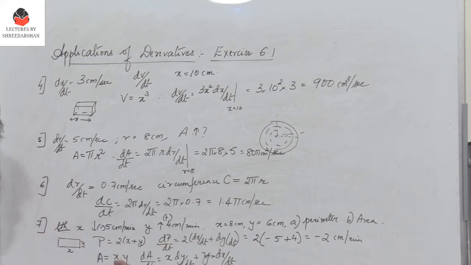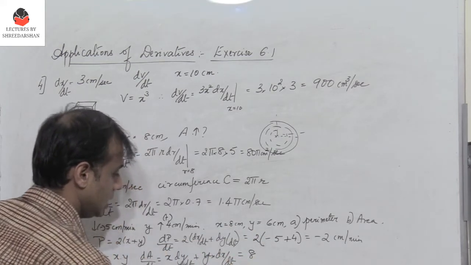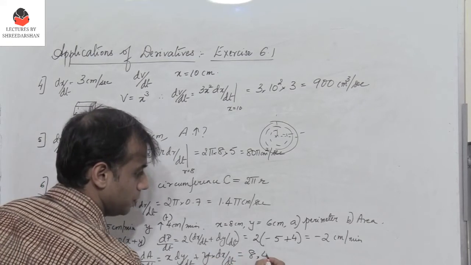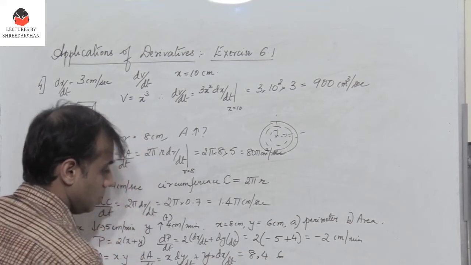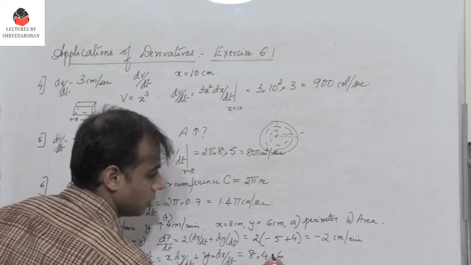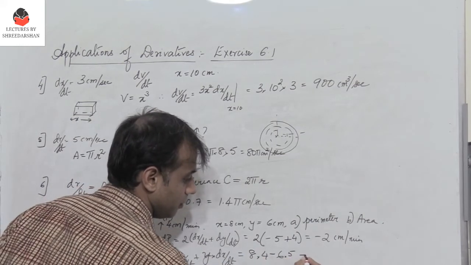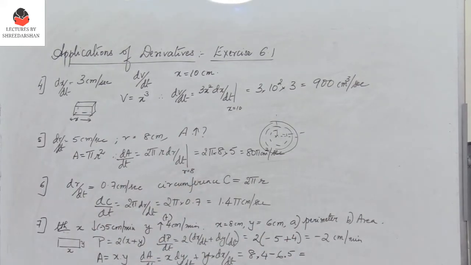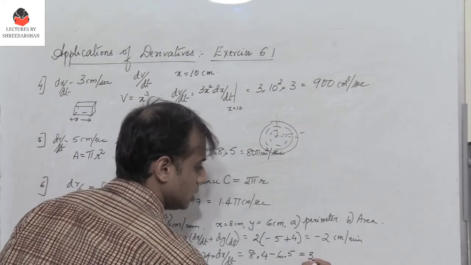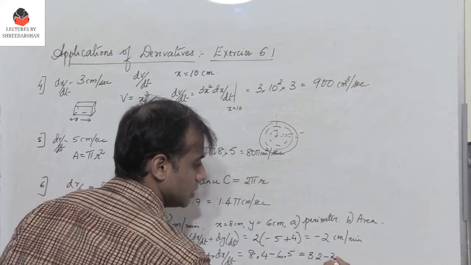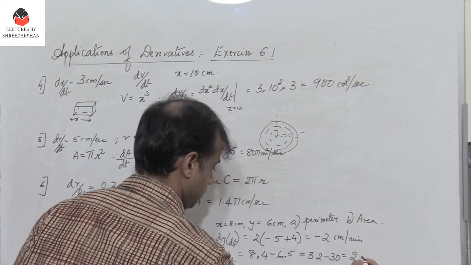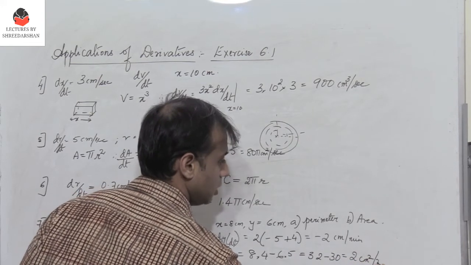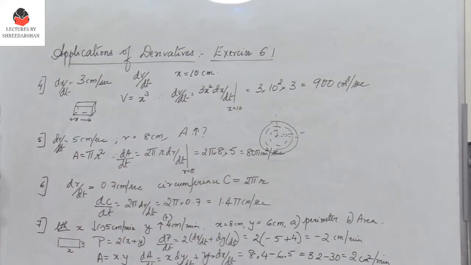So let me substitute those values. x is 8, dy/dt is 4, y is 6, but dx/dt is minus 5, so I put a minus sign here. 8 times 4 is 32, minus 6 times 5 is 30, so I get 2 centimeter squared per minute. So this is the rate of change of area of the rectangle.